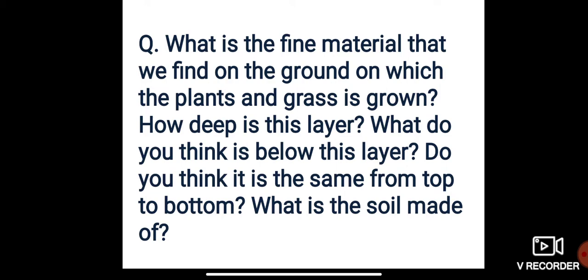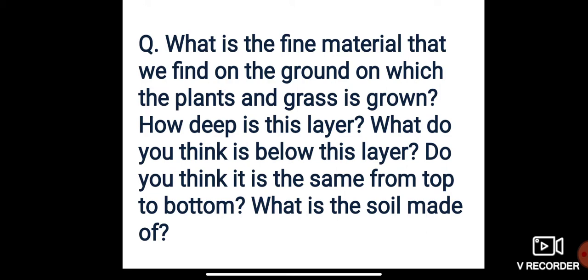Okay, so see, the fine material is the soil. What is the fine material that we find in the ground on which the plants and grass are grown? It is called the soil. So it is a thin layer that is spread over the earth's surface.